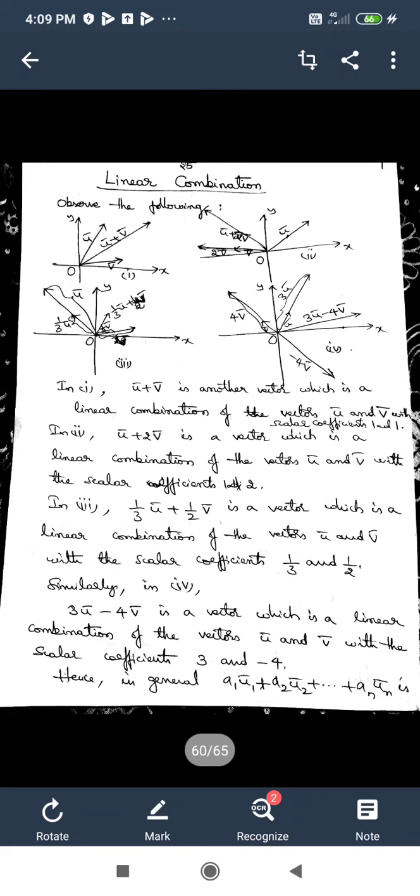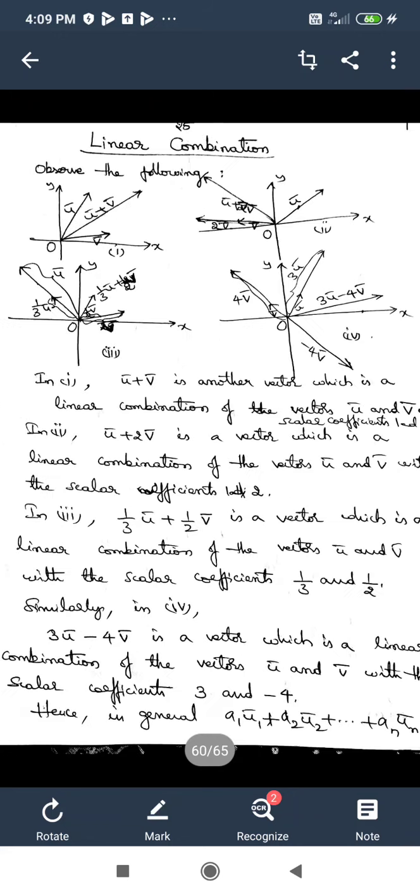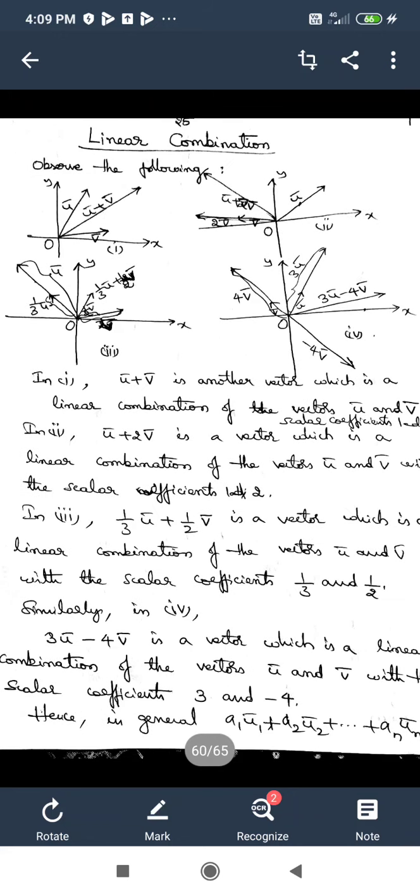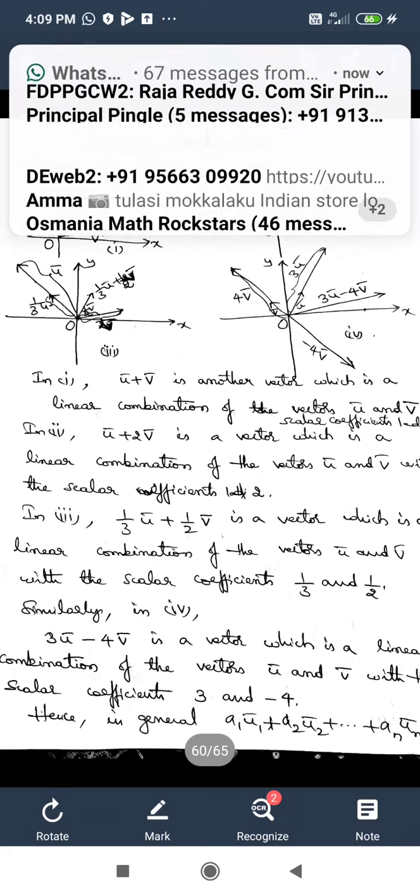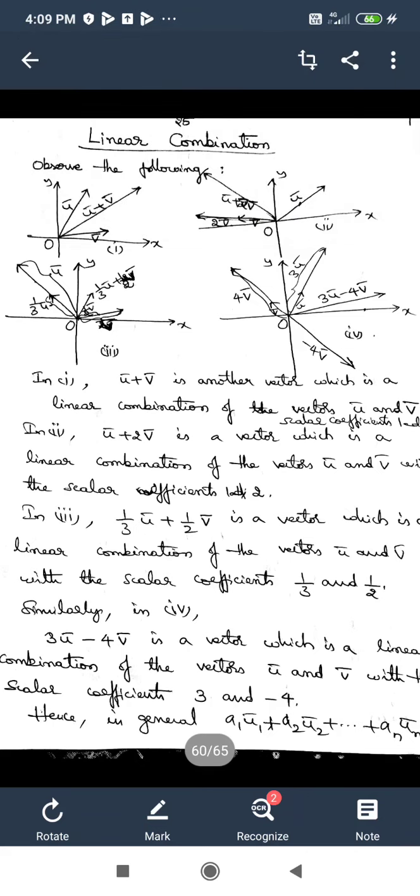And today's topic is linear combination, and I have already said that linear combination plays a vital role in the further study of linear algebra. In fact, it is the basic concept in linear algebra.